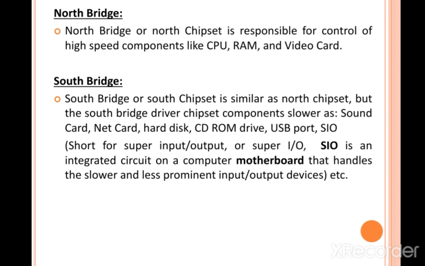And the second bridge, south bridge. This chipset is similar to the north chipset, but the south bridge driver chipset components are slower, such as sound card, network card, hard disk, CD-ROM drive, USB port and SIO. SIO is short for super input and output.